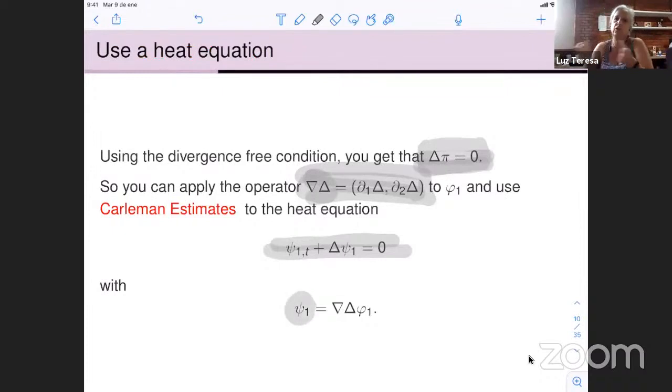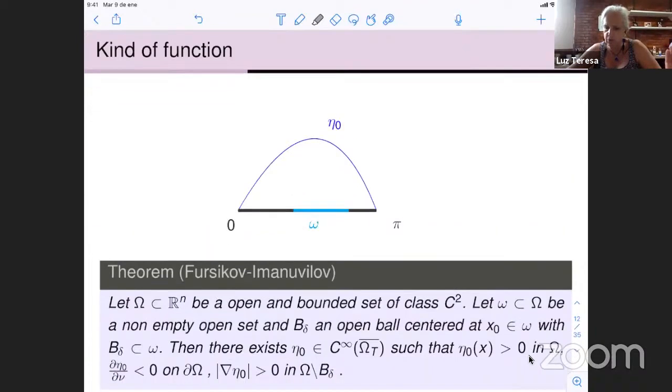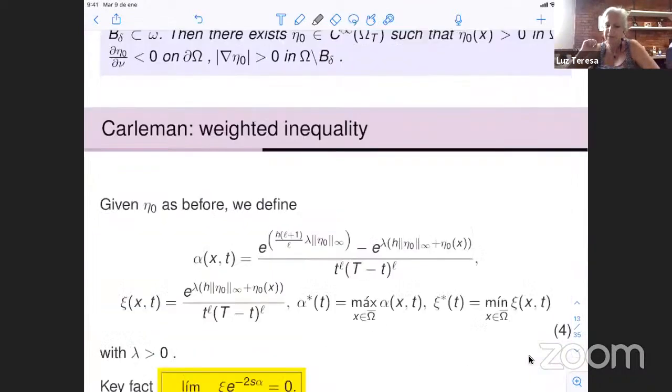So in fact, you need to add some terms in the boundary.